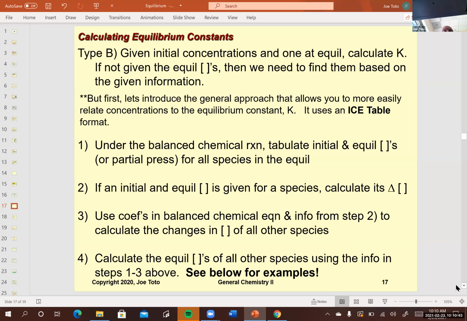And then we went on and said, well, there's a couple other types that you're going to need to know how to solve, type B and type C equilibrium problems. And we also mentioned last time that in Chem 200, in order to figure out what concentrations were left at the end of a reaction, you use limiting reagent techniques.